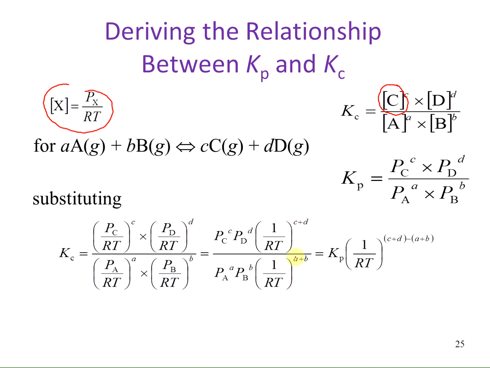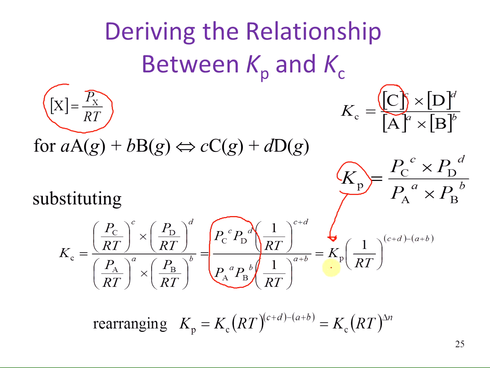Then we can combine these two to get 1 over RT raised to the C plus D minus the A plus B. And notice that for the PC times the PD over the PA times the PB, we substituted in the Kp value. So that's where that came from.